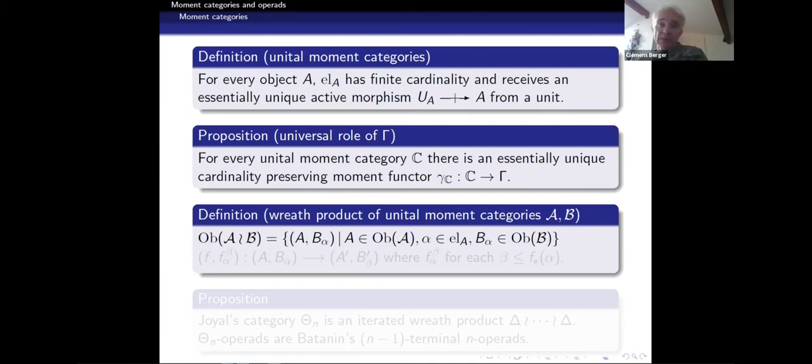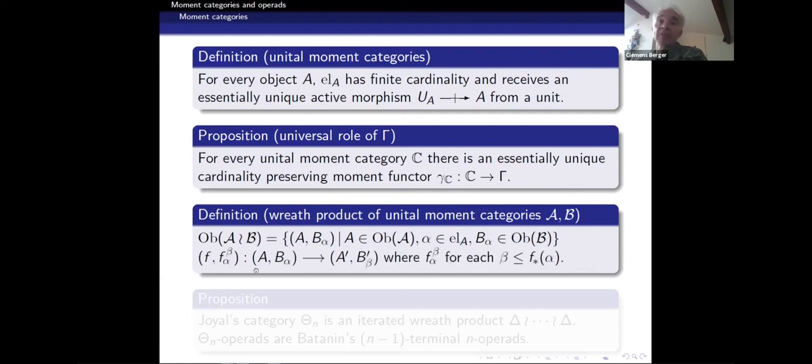So you have two moment categories, and the objects of the Riesz product are pairs given by an object of the first moment category, and then a family of objects of the second moment category. And this family is indexed by the elementary moments of A. So you have an object A, and then a family of objects B alpha, where alpha runs through the elementary moments of A.